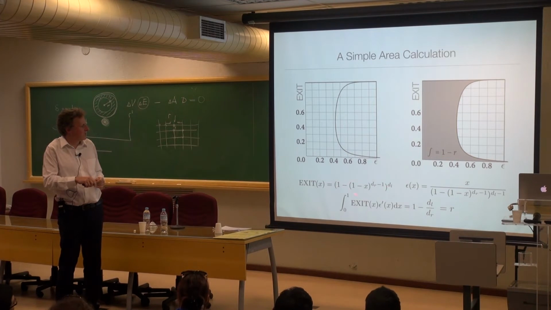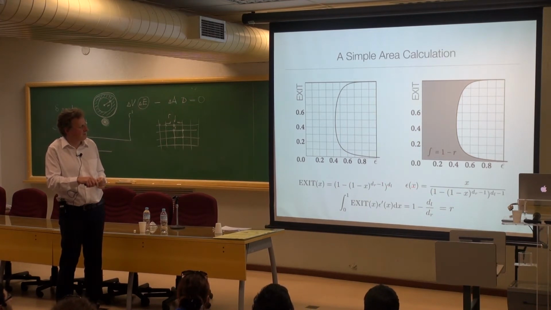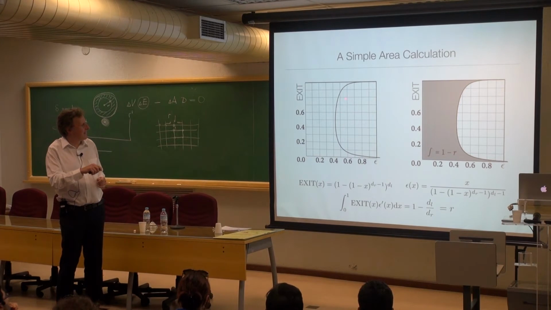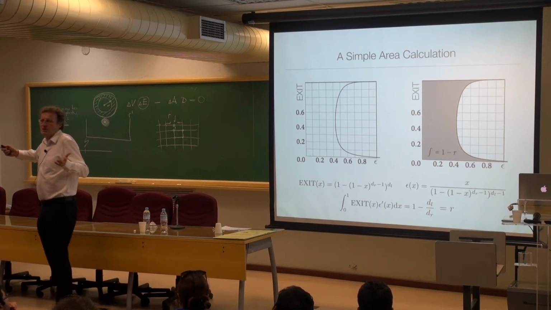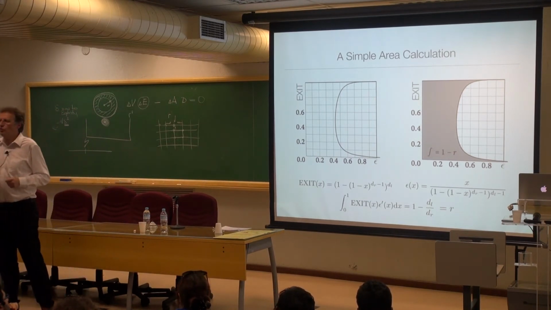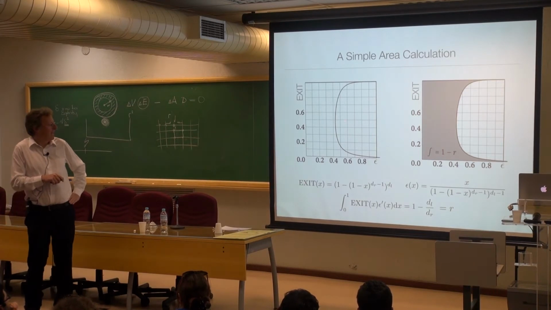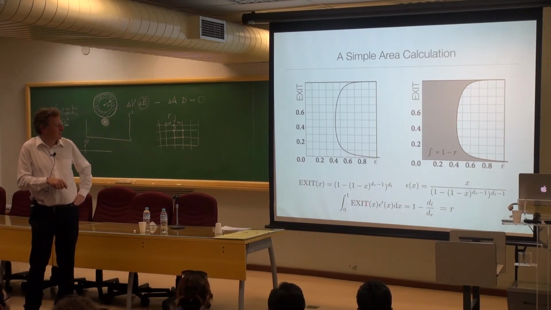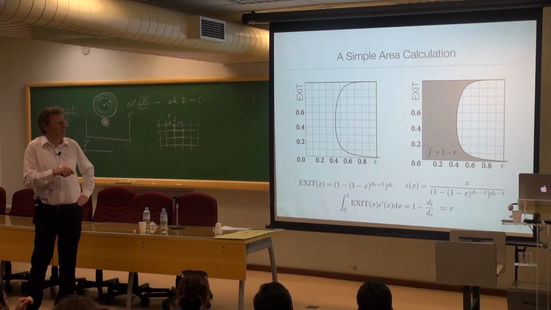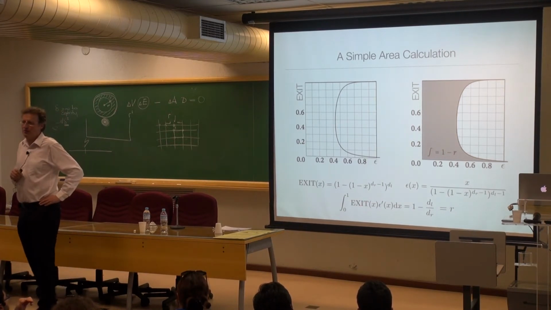There was this parameterization that I told you: epsilon is a function of x, and then this is the EXIT value. So this curve we know explicitly, right? And so you can simply compute the area inside here. It's just a fairly simple calculation, and it turns out that, miraculously, this area inside is also equal to the rate of the code.